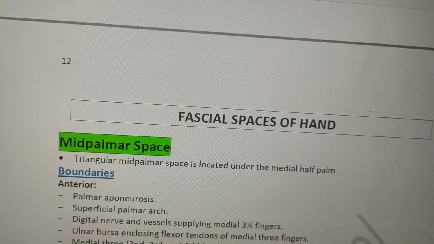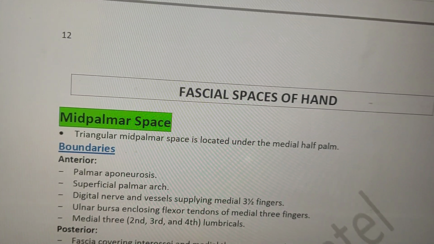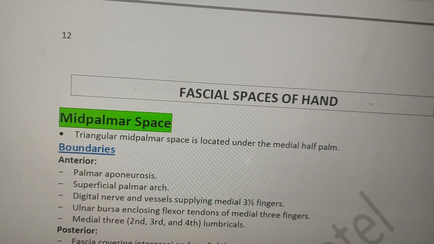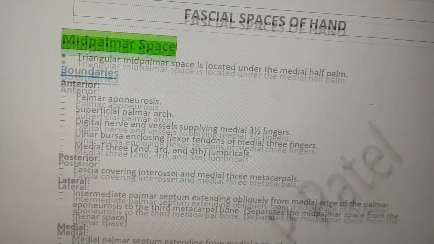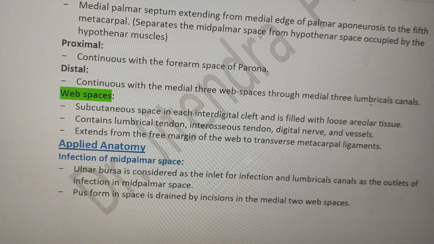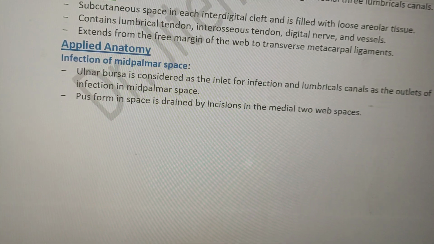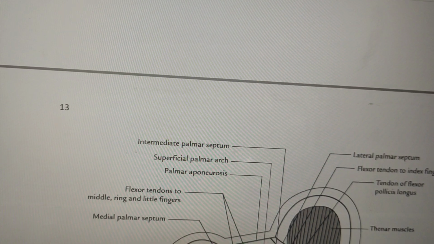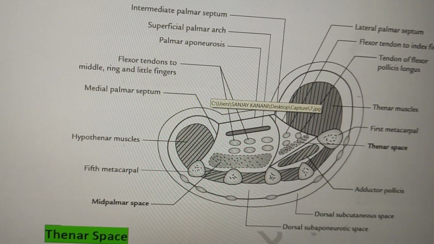Fascial spaces of the hand, you have to mention which are the fascial spaces. First is the midpalmar space: where it lies, what the boundaries are, what the applied anatomy is, what the contents are, and if infection of this space happens, where you have to keep the incision.